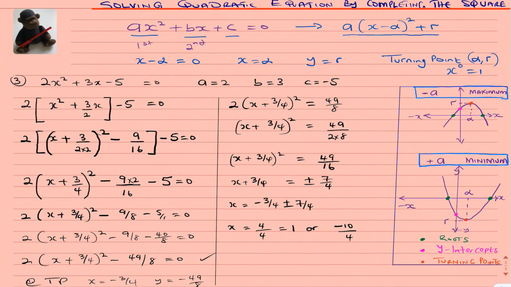Now, minus 10 divided by 4 is minus 2.5.